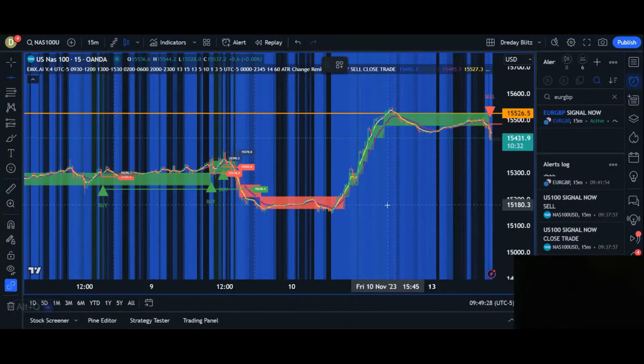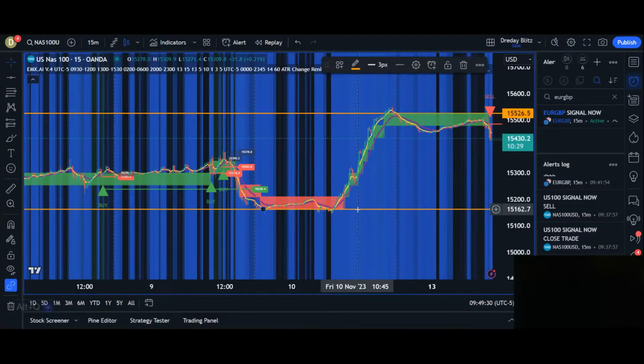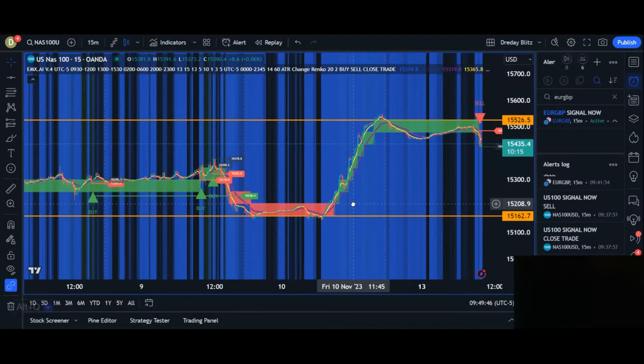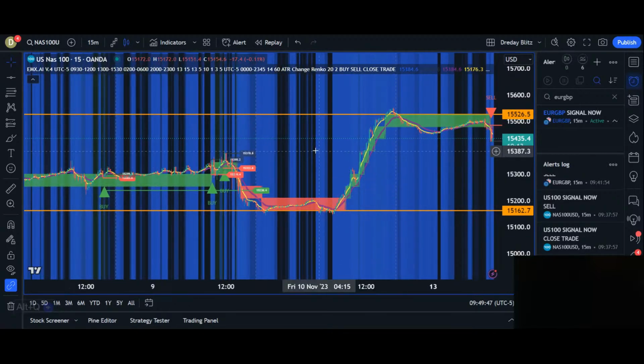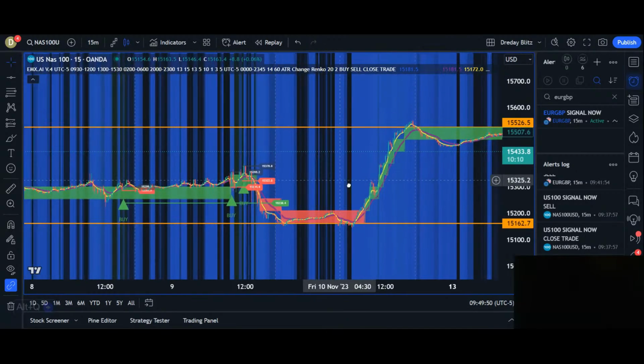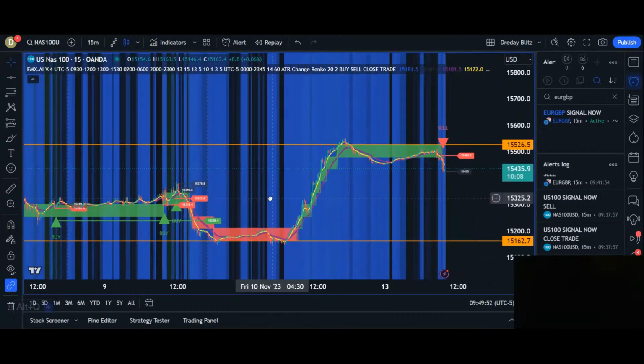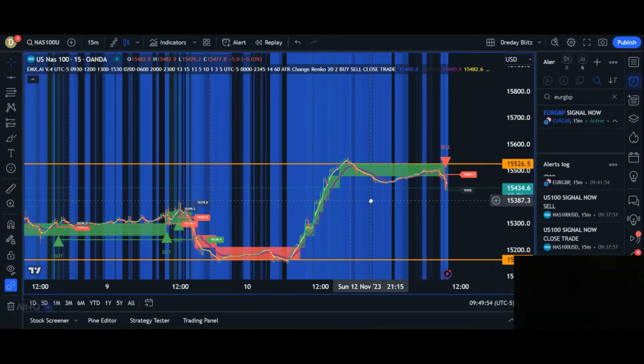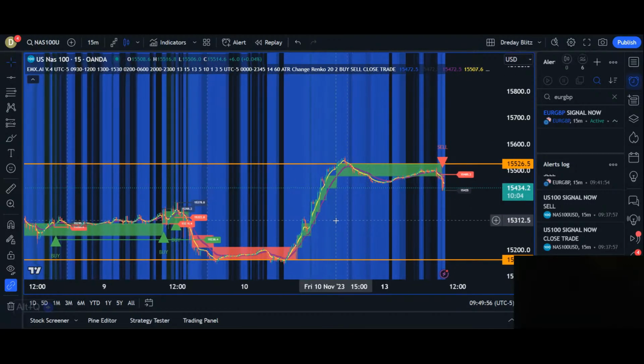Okay, so let's say you have a buy here, you have a buy signal here, or you're taking a buy. Your stop loss should be placed here. Okay, and another thing that I didn't mention is that let's say you want to trail your trade and you want to make sure that you're going to secure some profit.